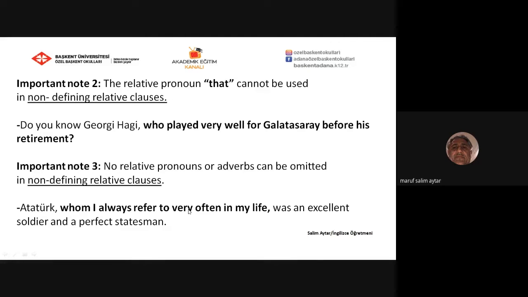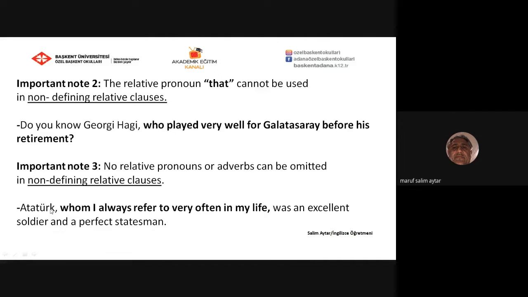When the relative clause gives extra information, the relative pronoun here, whatever it is, it might be a subject like this here. It might be in the form of a direct object here. You can never omit them, leave them out from the relative clause.